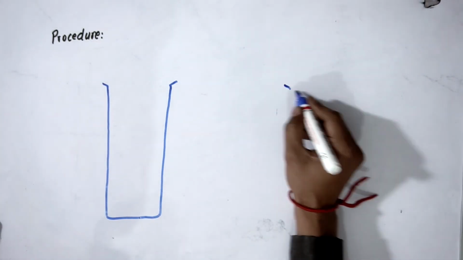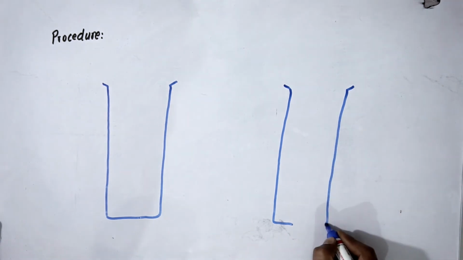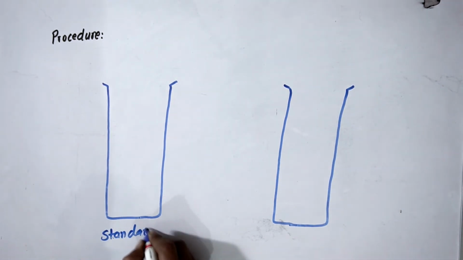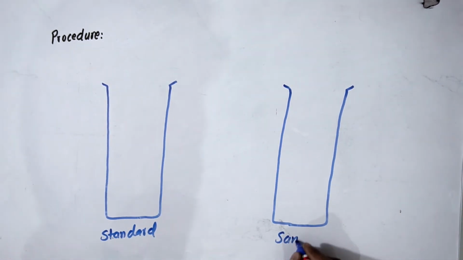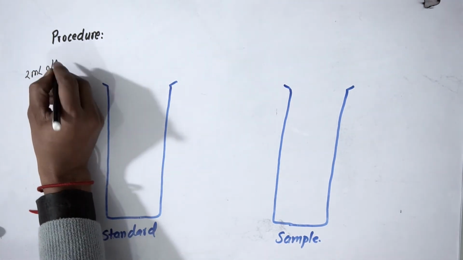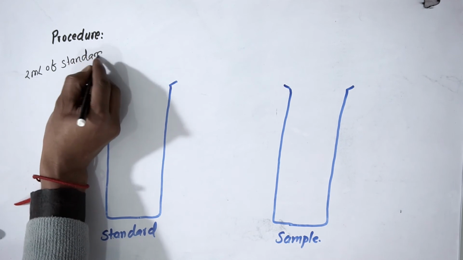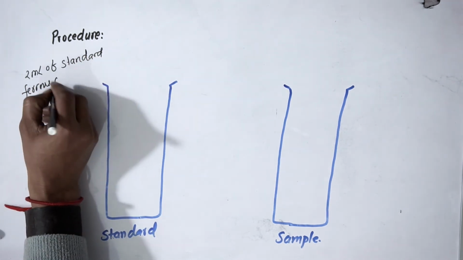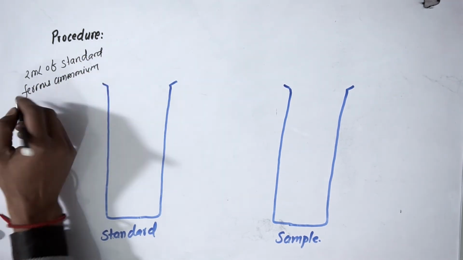Now coming to the procedure. In the procedure we are going to take 2 Nessler cylinders. One we will mark as the standard, another we will mark as sample. In the standard Nessler cylinder we are going to add 2 ml of standard ferrous ammonium sulfate.